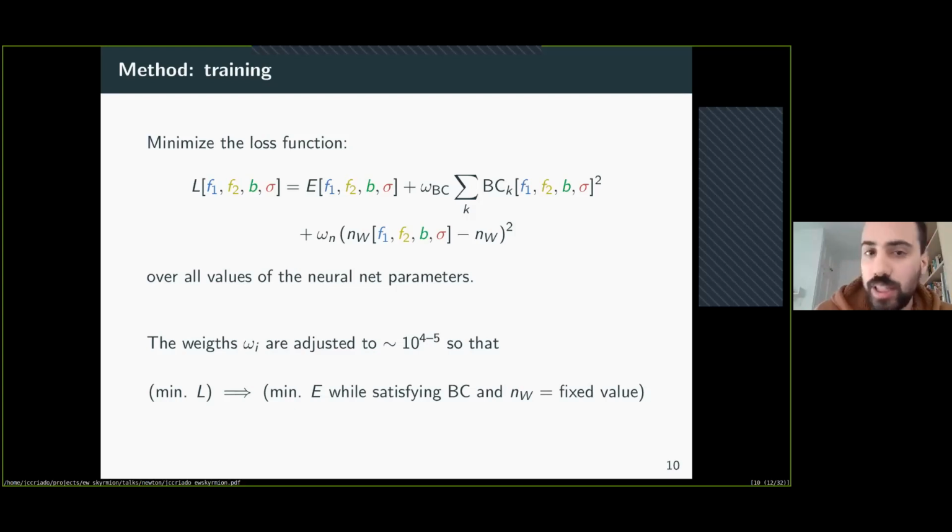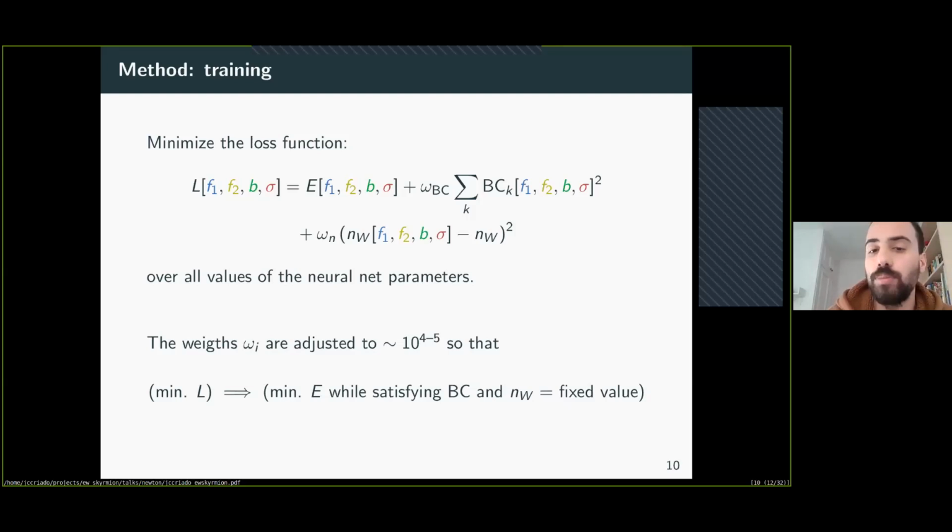So the loss function here is the energy plus a couple of terms that we need to fix some things. We need to fix the boundary values of the fields, so we have this term, boundary conditions squared, and minimizing this amounts to making the boundary conditions 0, so they're satisfied. And the same for this extra term in the next line, which is fixing the value of the winding number.